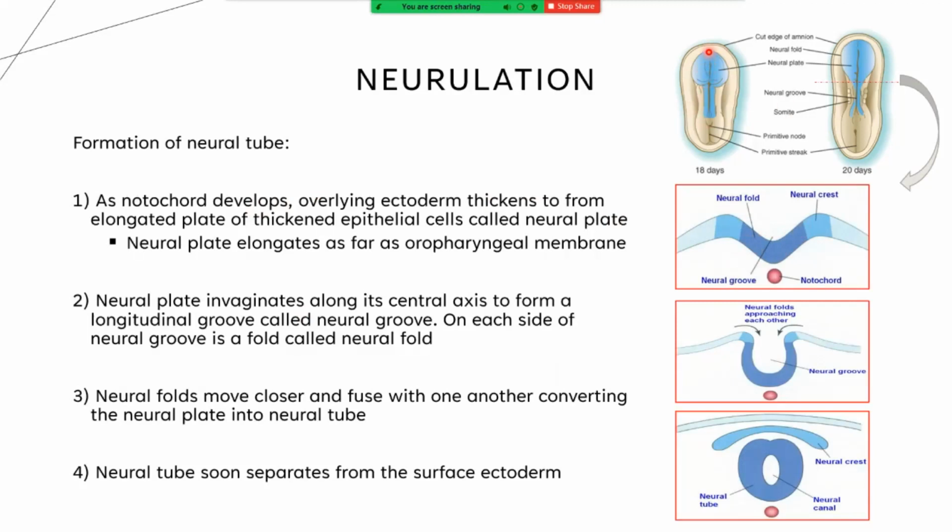The neural plate invaginates along its central axis, invaginate meaning inward, to form a longitudinal groove. On each side of the neural groove are the neural folds.